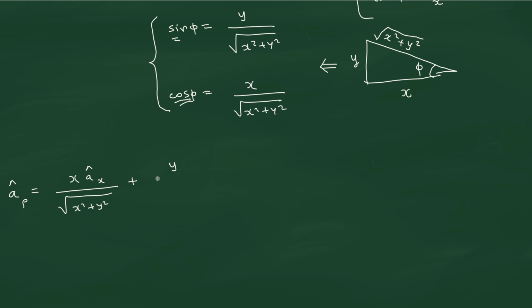Sine phi is y by square root of x square plus y square into ay. And that's all. So which means that you got the conversion from the cylindrical system to the Cartesian system. So you have the a rho unit vector. This is what you have to substitute.